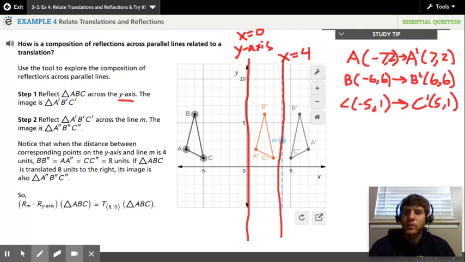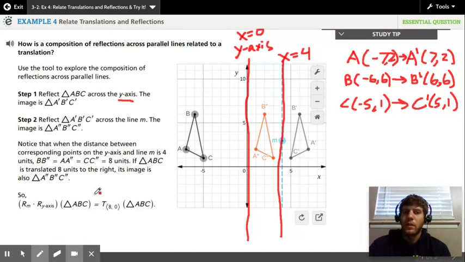So with those two reflections, basically you flip it one way, and then when you reflect it back, it gets flipped back over to its original orientation. So the idea here is that when you do two reflections, that's the same thing as a translation. Here, if we reflect over the y-axis and then reflect over the line x equals 4, line M here, we're going to get a translation that's the same as simply shifting everything 8 to the right.